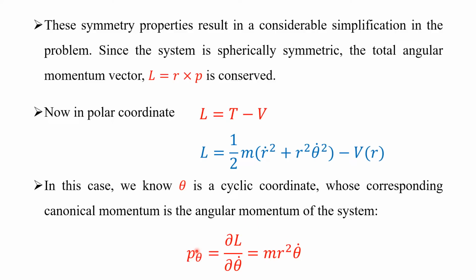That is, p theta is equal to the partial derivative of the Lagrangian with respect to theta dot. Here you can see only this term, with the multiplication factor of m, depends on theta dot. Now if you differentiate theta dot squared, you will get 2 theta dot. The 2 will get cancelled, so you will get m r squared theta dot.